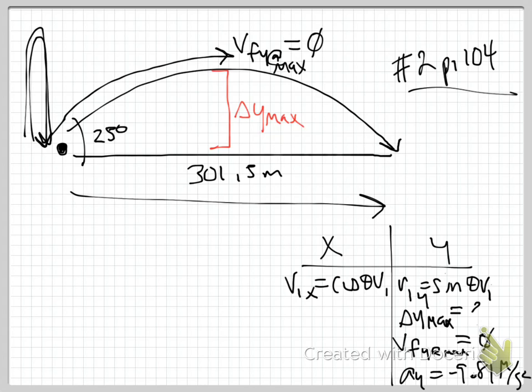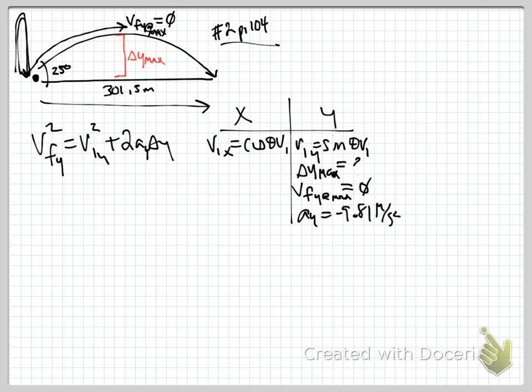And we can tie together with which expression? VF squared equals VI squared plus 2a delta y. And of course we would say that this is VFY, VIY, and that's acceleration on the y, just to keep ourselves in order. Okay, great. So if we want to rearrange this to solve for delta y at max, and I'm going to write in at max, we can do it.